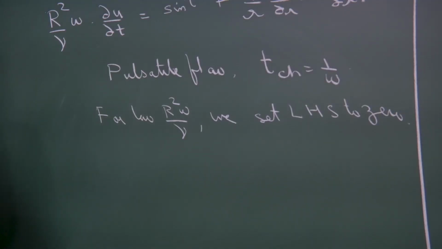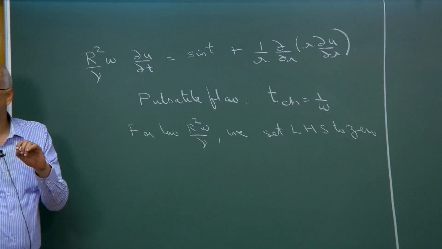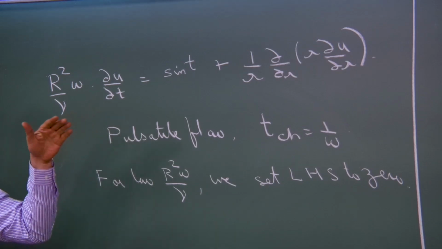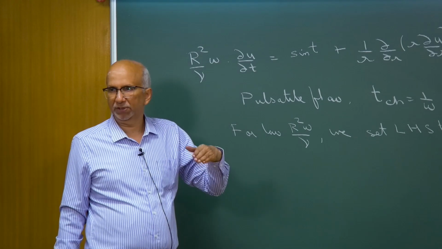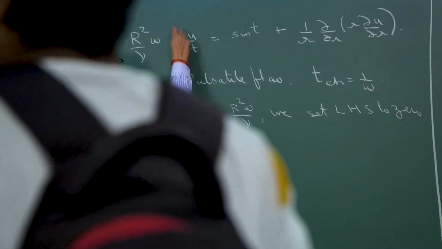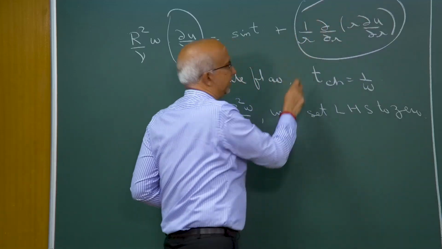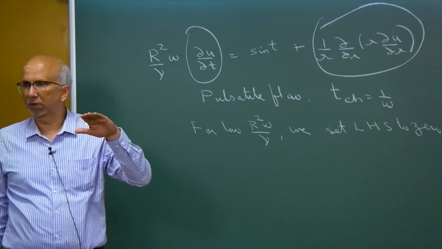There is an implicit assumption which I mentioned a couple of times, but I will make it more clear today. When you make your equations dimensionless, one of the things we have to ensure is that these terms, which I am putting in the circle, are all of the same order of magnitude. Usually they will be of order 1.